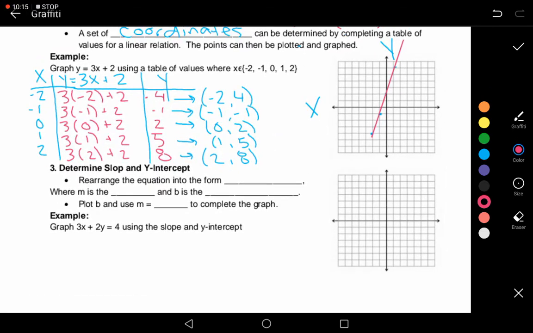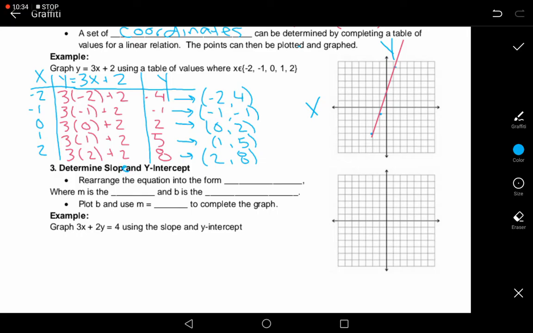Third method: determining the slope and y-intercept.